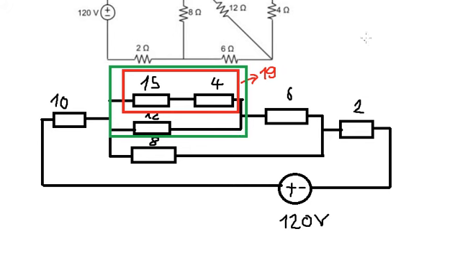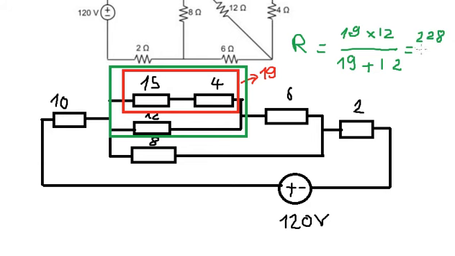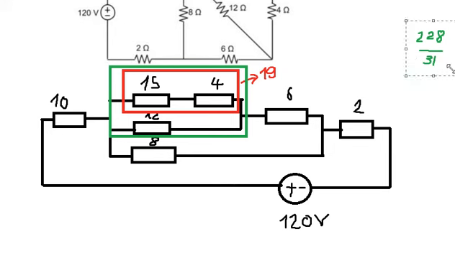So the green one, that should be R equals 19 multiplied by 12 divided by 19 plus 12. And the green one, you will get 228 over 31, because they are parallel in here.